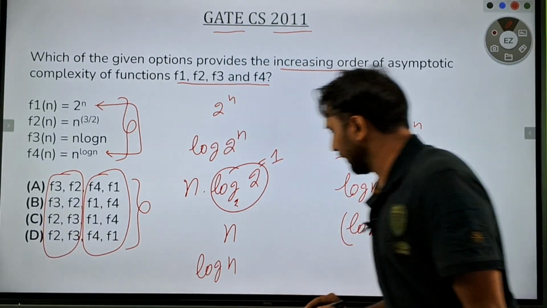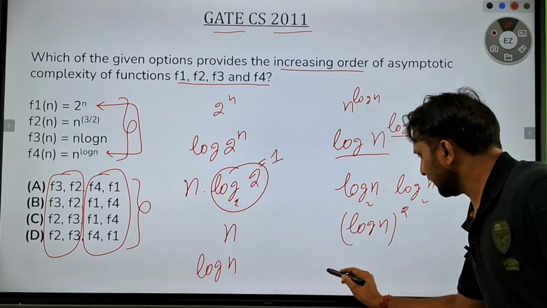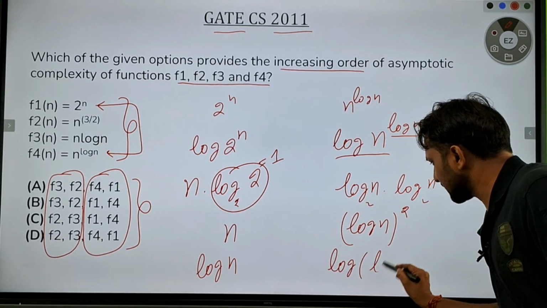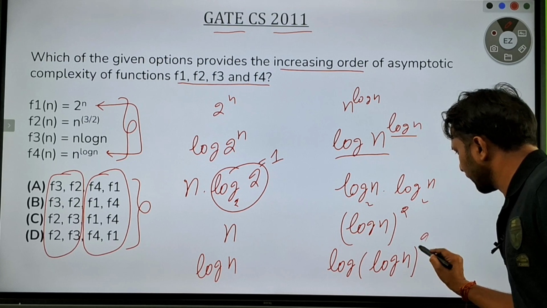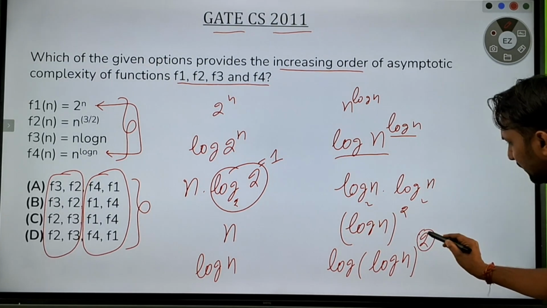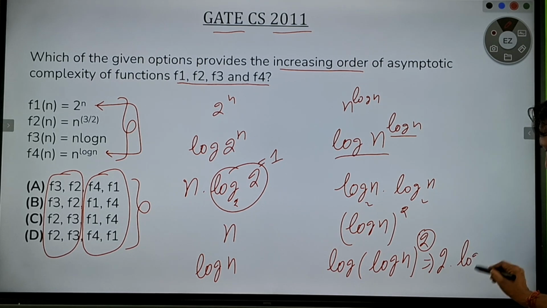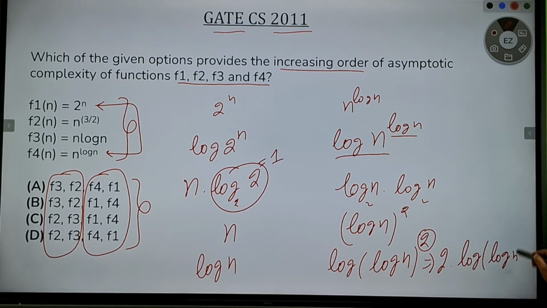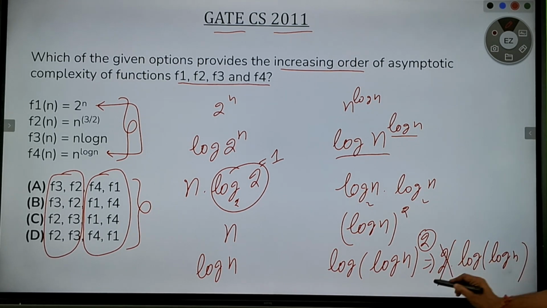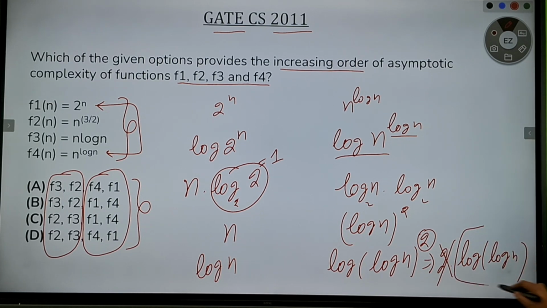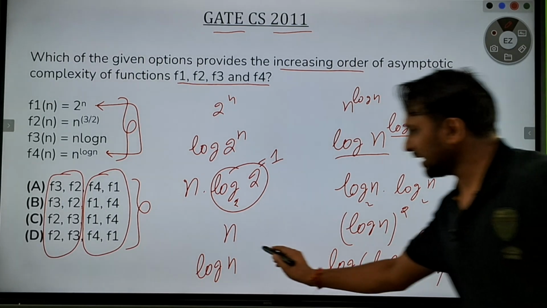This will become log n, and this you will take log of this term, log n square. So this will come in the front, so this will be 2 into log of log n. 2 is a constant, you can remove it. So this side we have log of log n, this side we have log n.